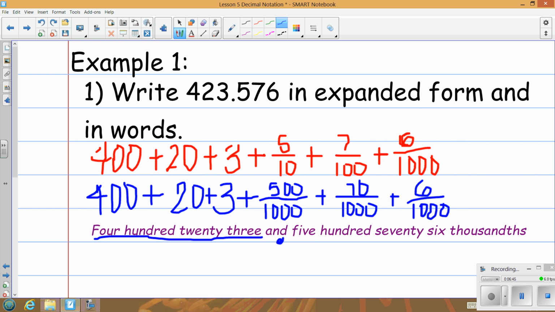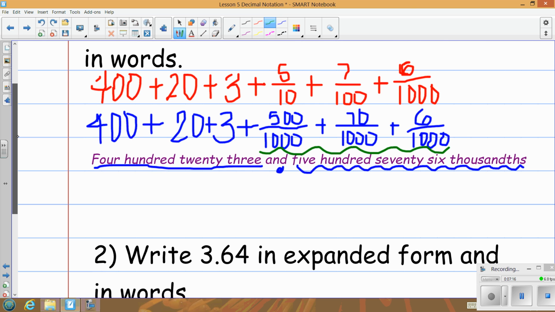The reason why we say 576 thousandths is because in order to make all three of these pieces into a fraction with the same denominator, we would have 500, we would have 70, and we would have the 6. So when you put it together, 576 thousandths.